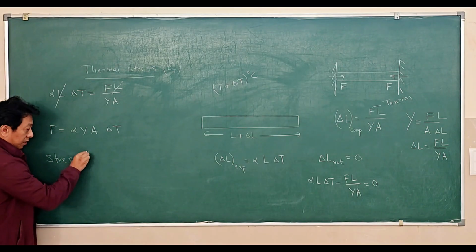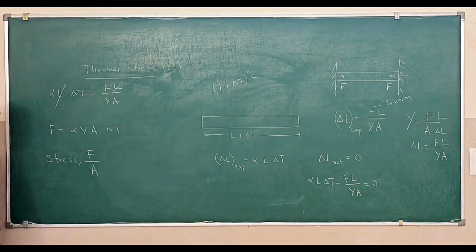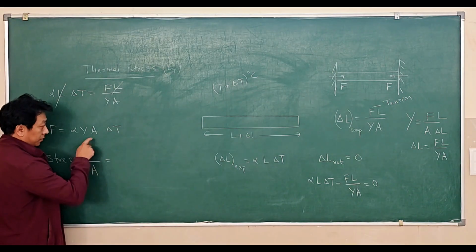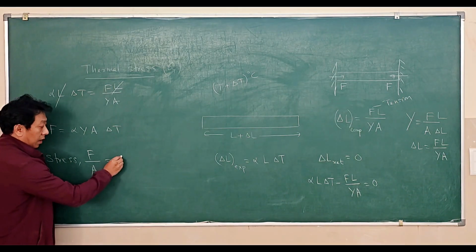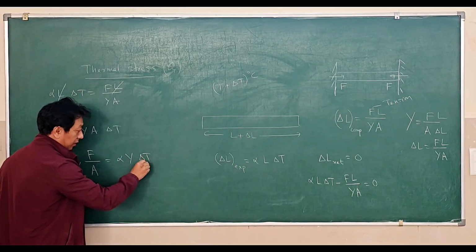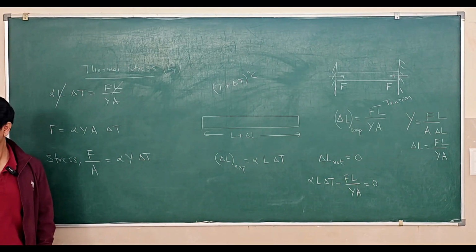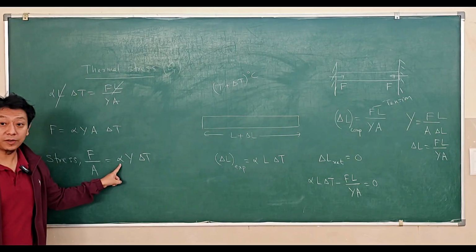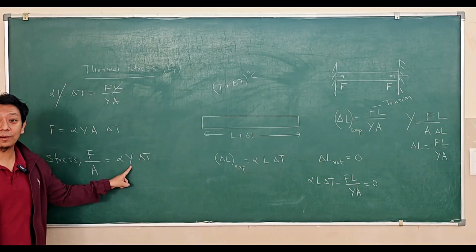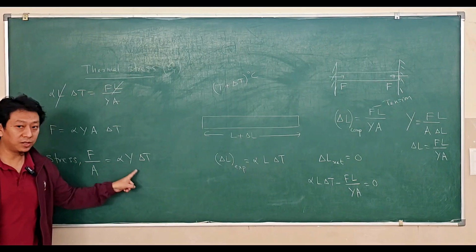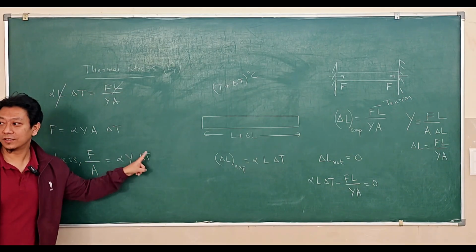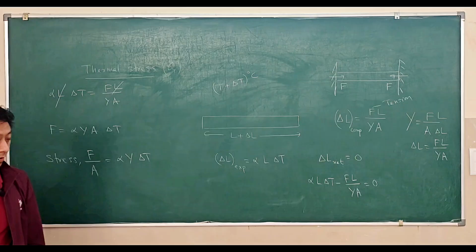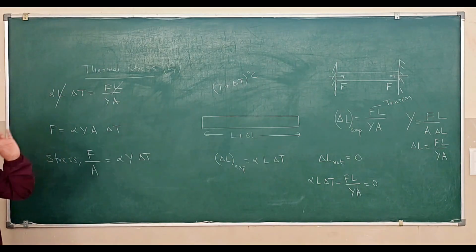What is stress? Tension force per unit area. So what will be that? Alpha Y delta T or delta theta. So if you know alpha and Y, multiply. See, this is coming from temperature concept. This is coming from elasticity concept. And here all these are happening due to what? Change in temperature.